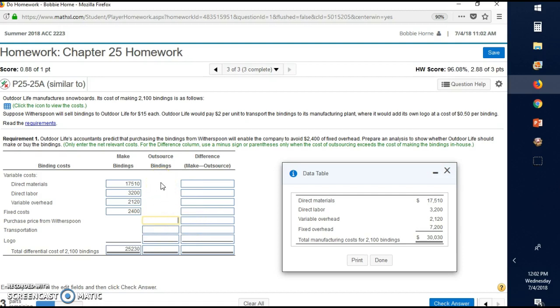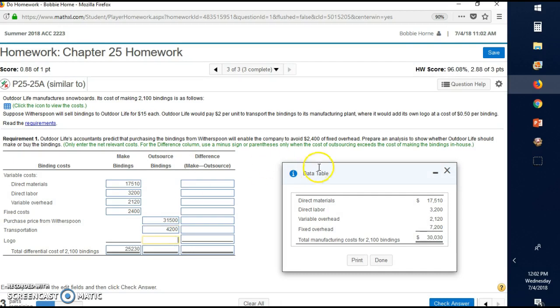Now, if we outsource the bindings, it would cost us $15 each to purchase these. So 15 times 2,100 bindings would be a total purchase price of $31,500. Now, the transportation would be $2 for each one. So $2 times 2,100 bindings.